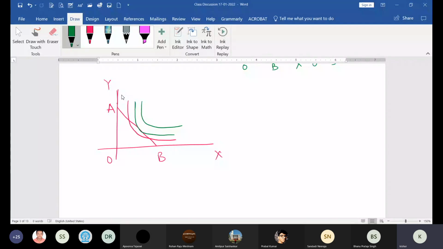Now, if this is the case, suppose this is your IC1, this is IC2, this is IC3, and so on.